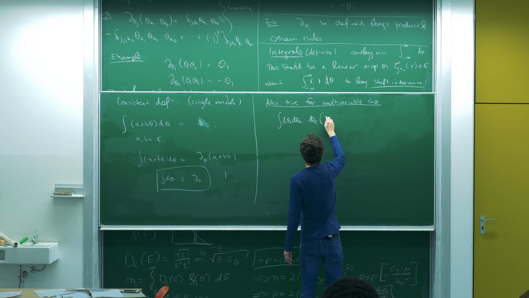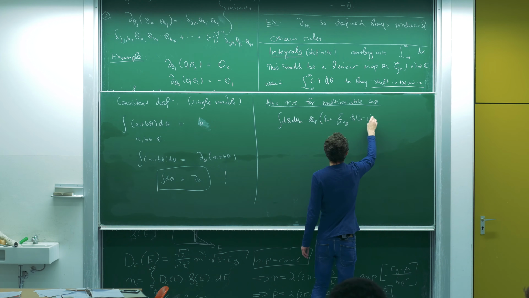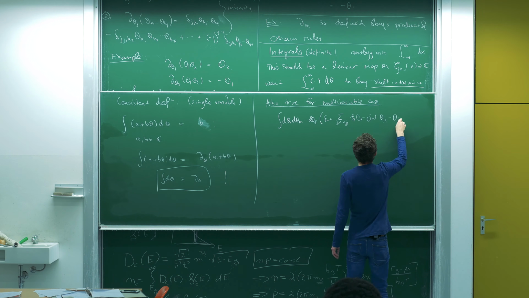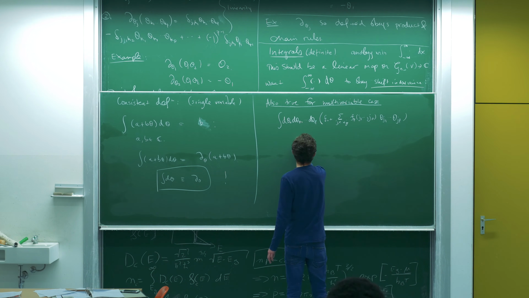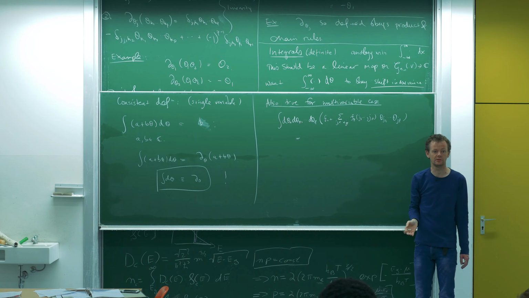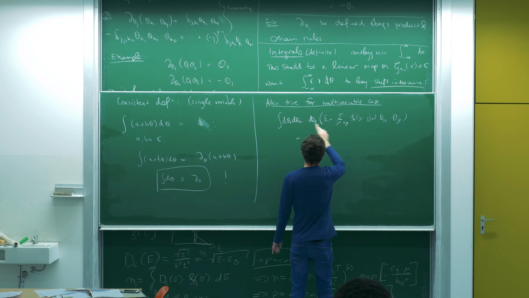So if you take some arbitrary element of the Grassman numbers, then the only option which is consistent with shift invariance is to just differentiate with respect to all the variables, one after the other.